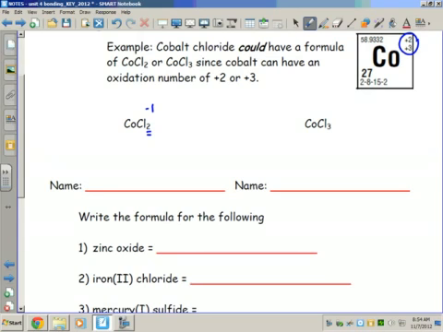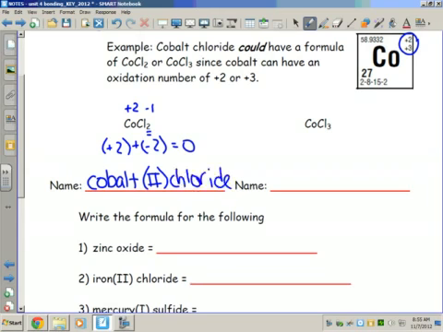If you have 2 chlorines at -1 each, that means there's a -2 total. We know this has to add up to 0, which means the cobalt has to be positive 2. That means the name of this compound is cobalt(II) chloride.